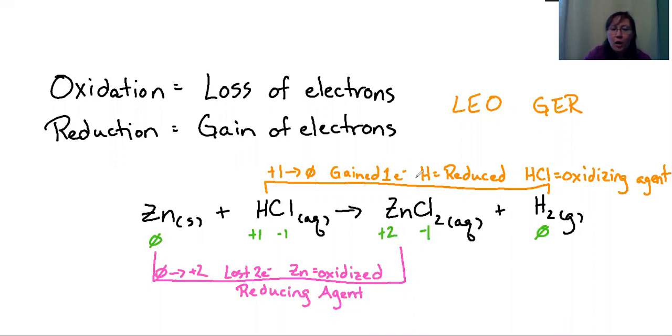So we need this 1 to equal 2, and that's why we know that we need a 2 here. And then we can check: 1 zinc, 1 zinc, 2 chlorines, 2 chlorines, 2 hydrogens, 2 hydrogens. And that is a complete balanced oxidation reduction.